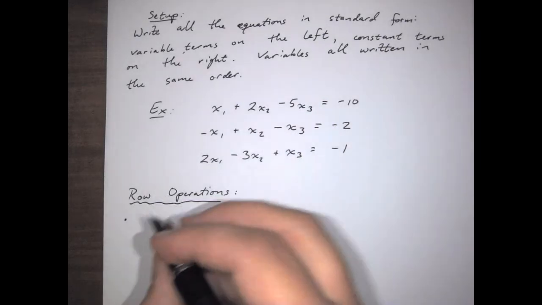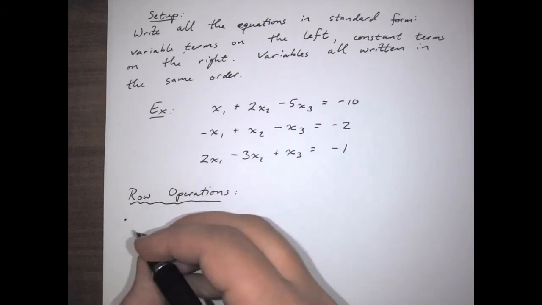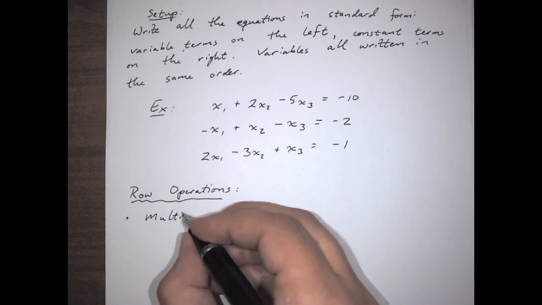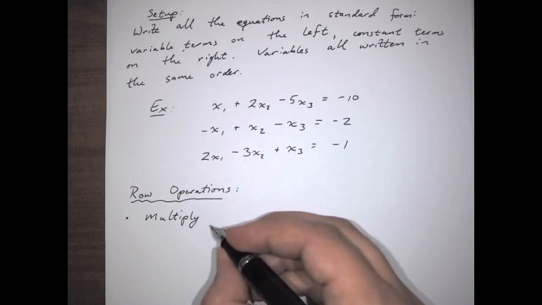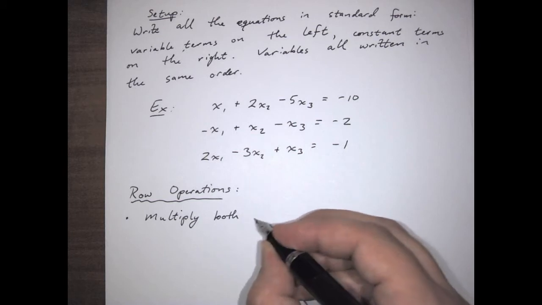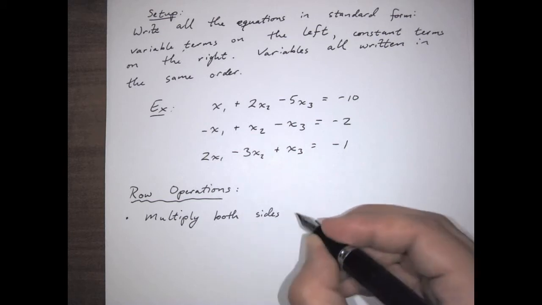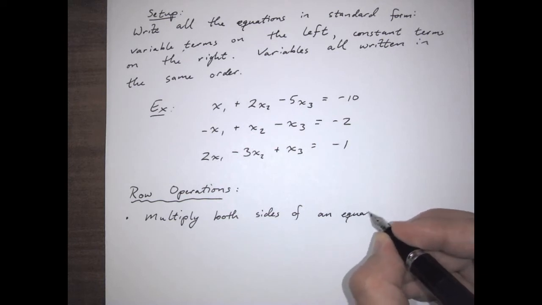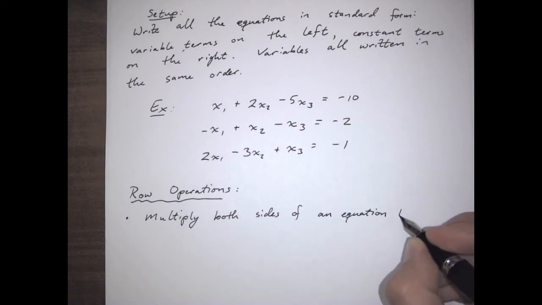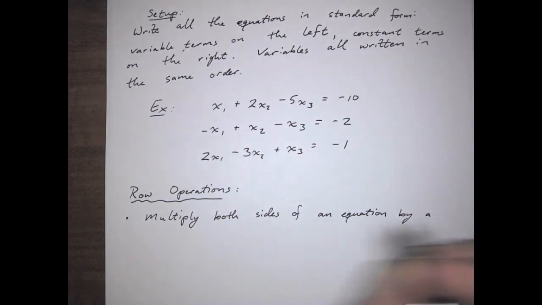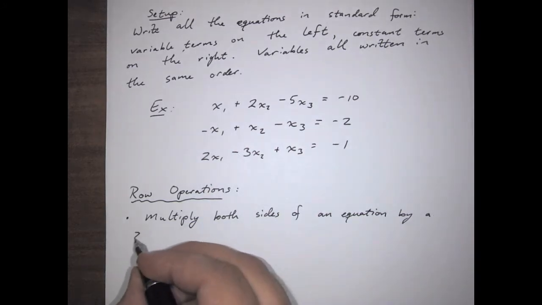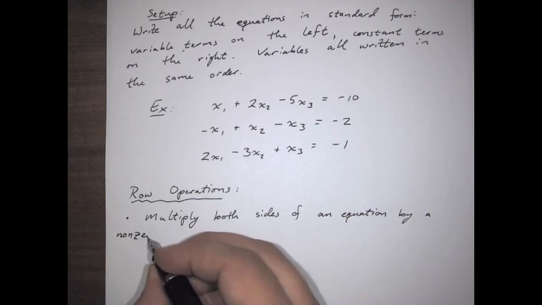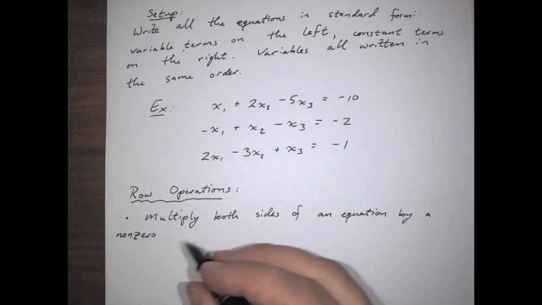Okay, so here we have the first one, which is multiply both sides of an equation by a non-zero constant.